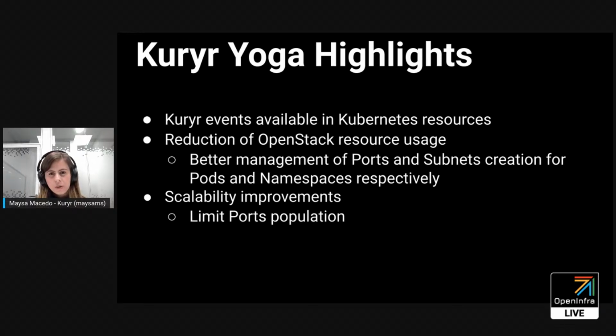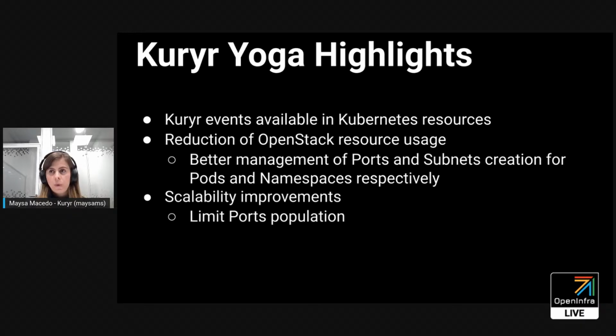Aside from that, we also focused a lot on reducing the Neutron resources that Kuryr uses when you deploy a cluster with it, because basically when you create any pod or any service or a namespace, Kuryr will create either a load balancer for the service and then ports for the pods and then security groups for the network policies.